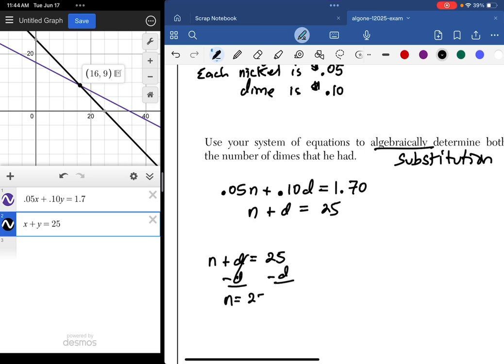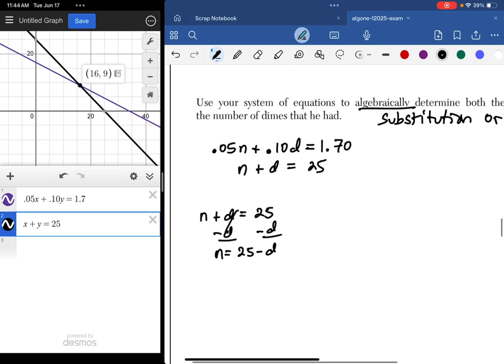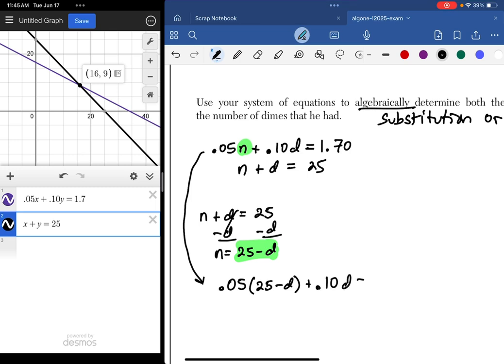So N is equal to 25 minus D. Then I would replace the N with a 25 minus D. So 0.05 times 25 minus D plus 0.10 D is equal to 1.70.